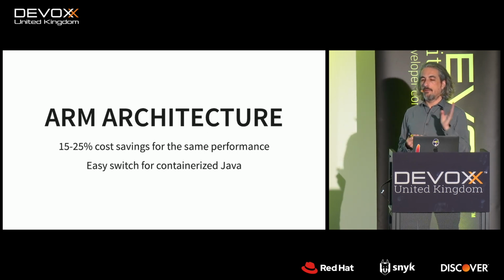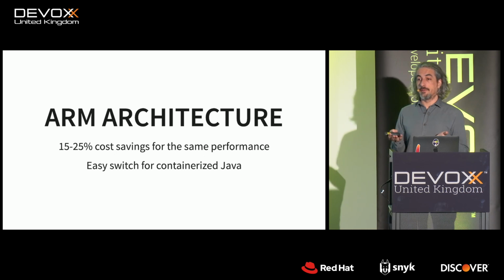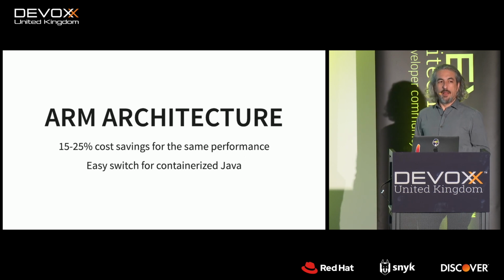So you can do a multi-arch Docker container, and then depending on whether the node is ARM or x86, it's going to download the container that it needs. So it's very easy to switch Java workloads to ARM. And it's a lot cheaper, and it's a lot better for the environment too.